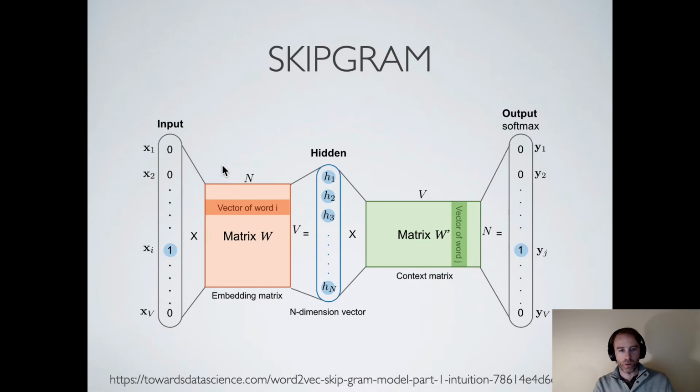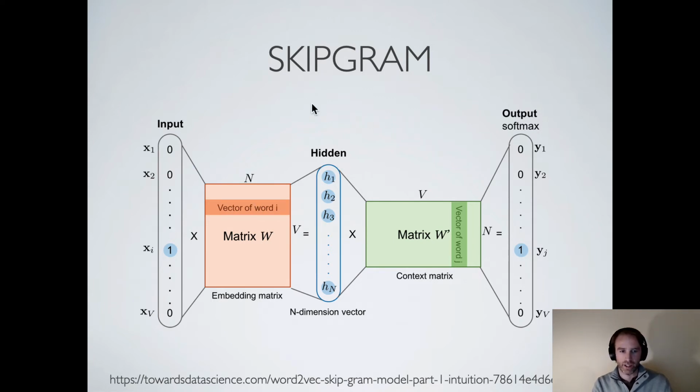The weights I need to learn to train my model are in this matrix. Basically, I want to find the embedding of the words, so each line of my matrix corresponds to the embedding of each word in my corpus.